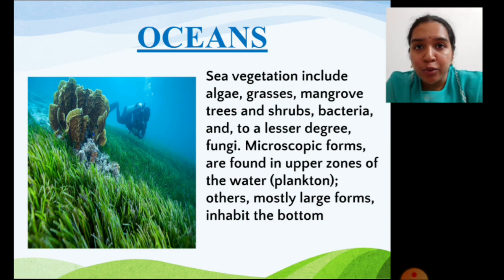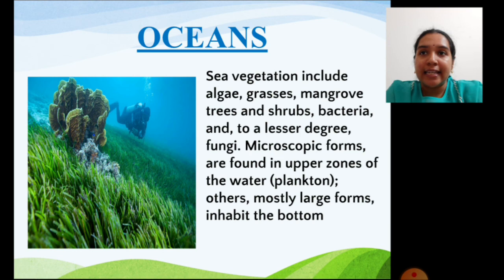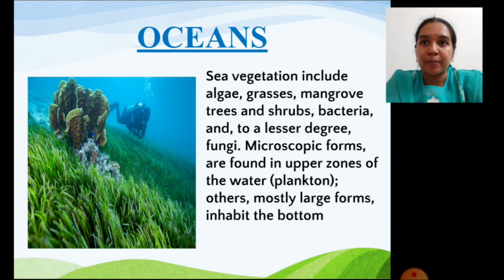So they adapt to that type of habitat inside the waters. And some sea vegetation we see include algae, grasses, mangrove trees, and a few planktonic species near the surface waters.